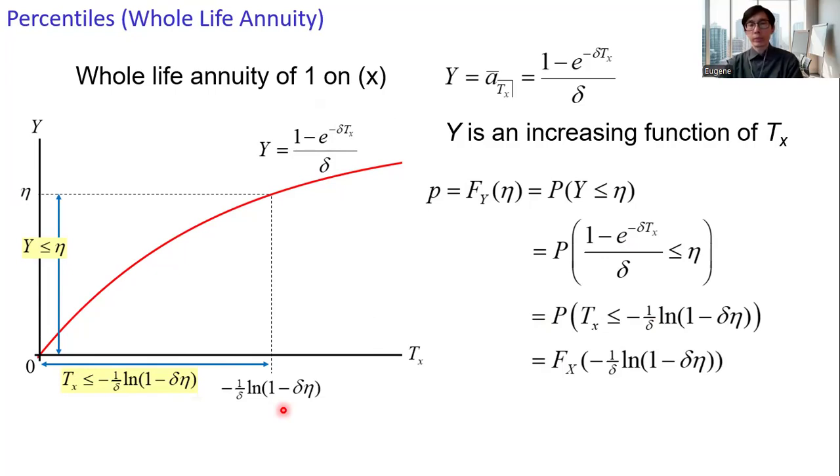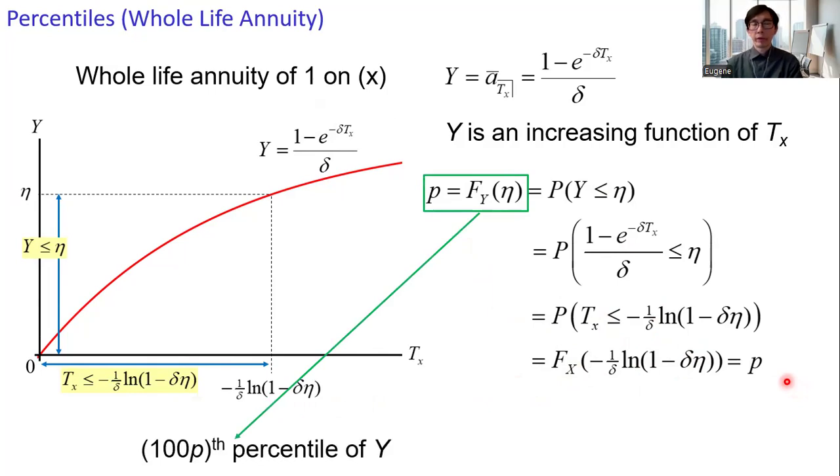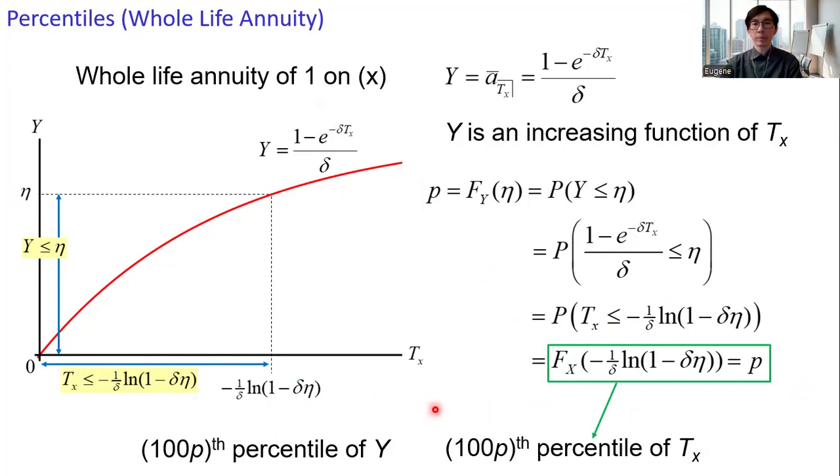And this corresponds to the CDF of Tx at this particular value, which also equals p. That is, if we want to get the 100p percentile of Y, this is equivalent to finding the 100p percentile of Tx.